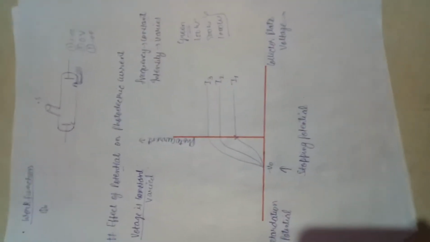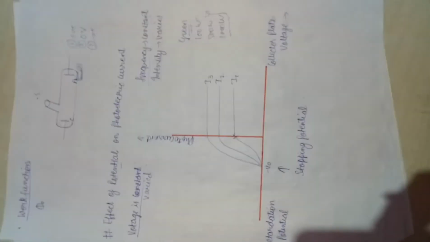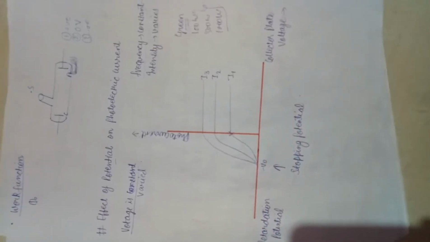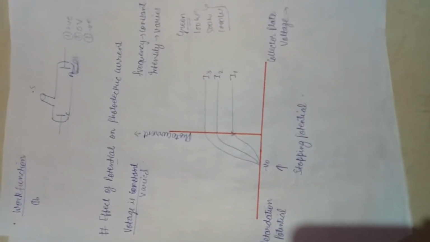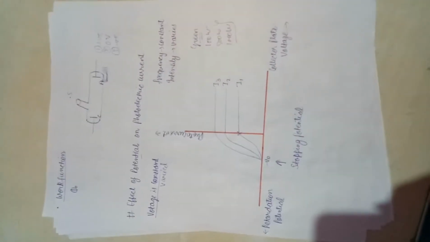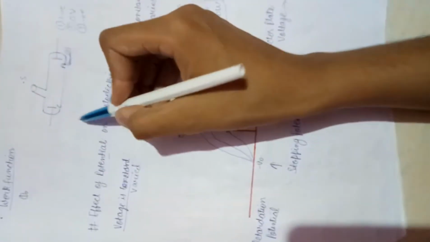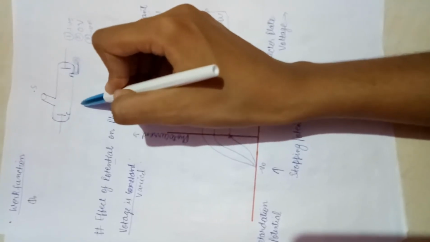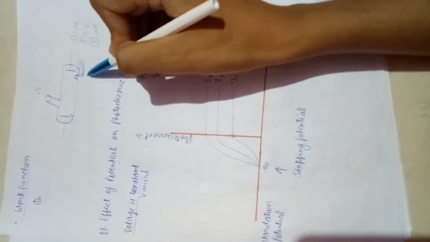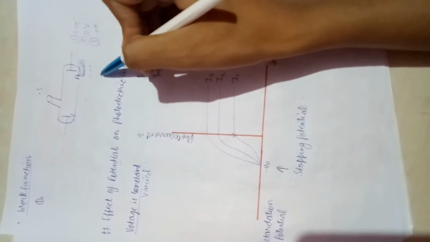Then what happens if we put this anode slightly positive? The photocurrent increases with increasing potential. Why does this happen? See, if we keep this collector potential slightly positive, the electrons coming from this cathode are negative in charge, and the anode is positively charged, as we have now kept it positive.